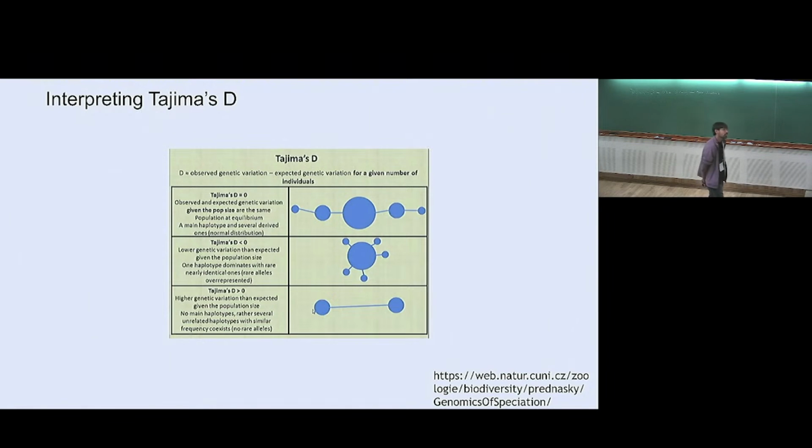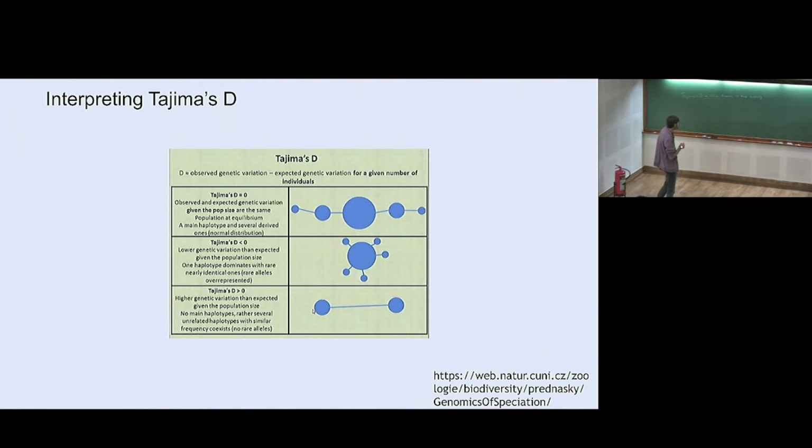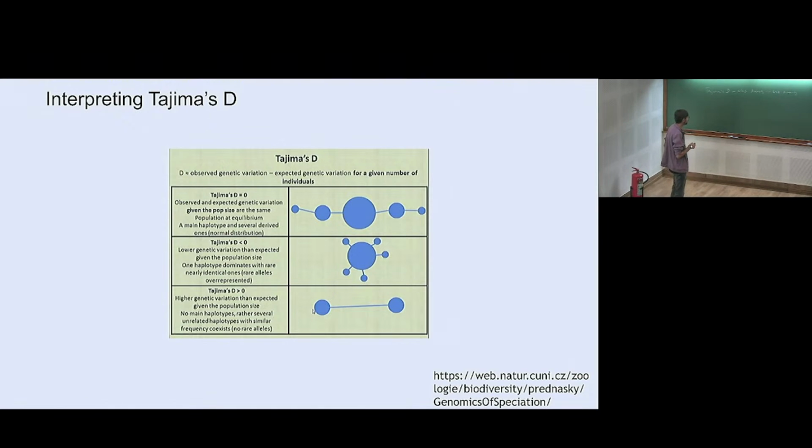Directional selection is also not the answer because directional selection will decrease the observed diversity, so D will be negative, not positive. I'm talking about processes that will increase the observed diversity. Disruptive selection, yes, that's a good answer.